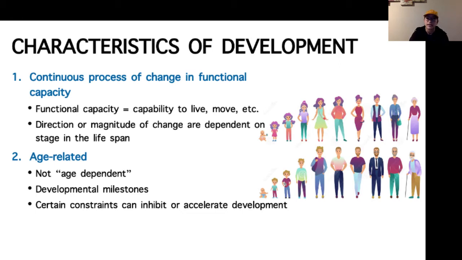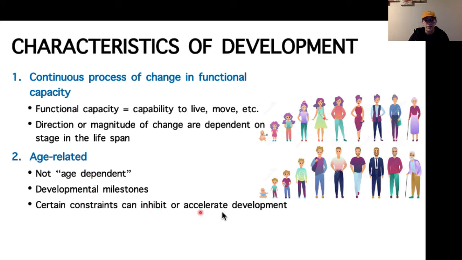There could be some instances where that is not true. Either they have arrested development, they have delayed development, right? There could be several factors contributing to a person's individual process. It's age-related in the sense that we have a general idea of when we would expect certain milestones or certain movements to be present, but those movements and milestones are not dependent on the age.